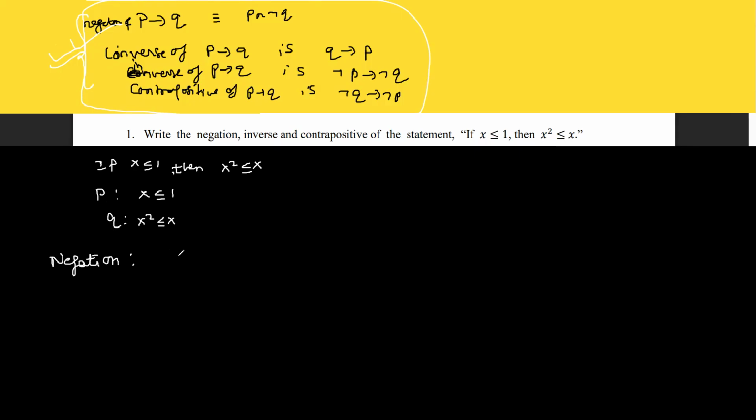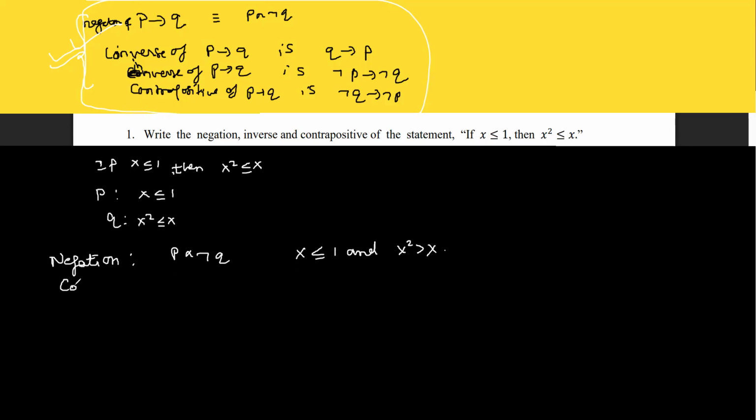Negation is P and not Q, which means x less than 1 and x square greater than x. This is the negation.